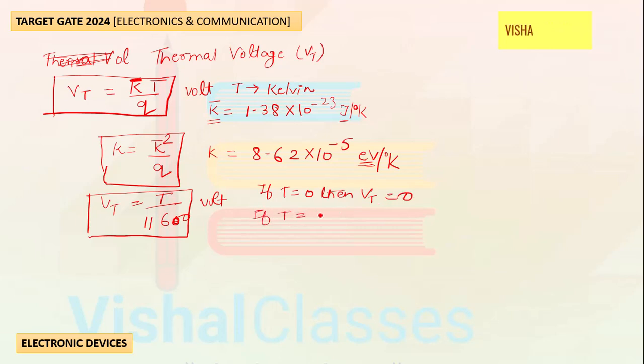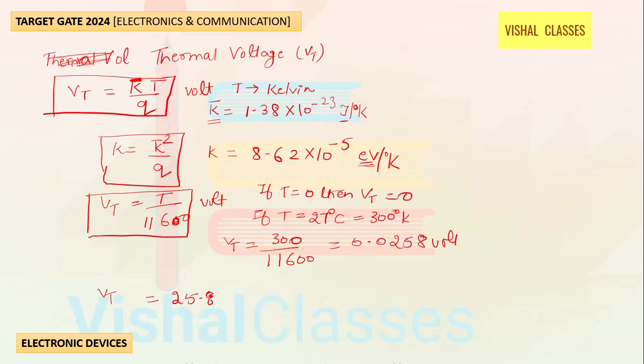If T is 27 degrees Celsius, room temperature, 300 Kelvin (Celsius to Kelvin, plus 273), V_T comes out to be 300 upon 11,600, which is 0.0258 volt, nearly 26 millivolt.